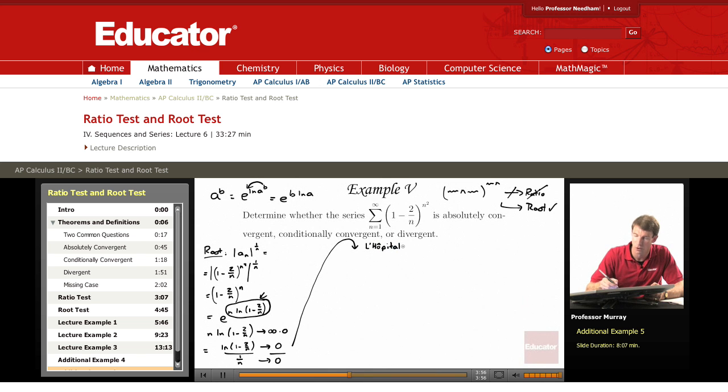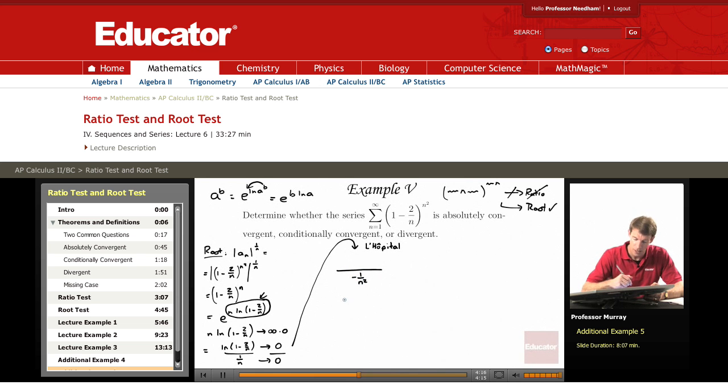Remember, with L'Hopital's rule, you take the derivative of the top and the bottom separately. It's not like the quotient rule from Calculus 1. It's kind of different. I'm going to take the derivative of the bottom first because it's easier. The derivative of 1 over n is negative 1 over n squared.